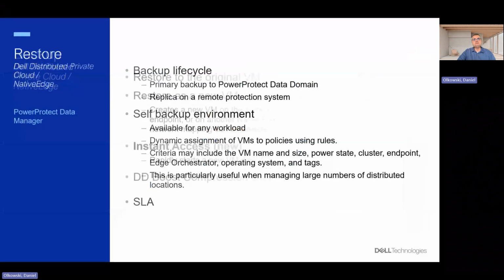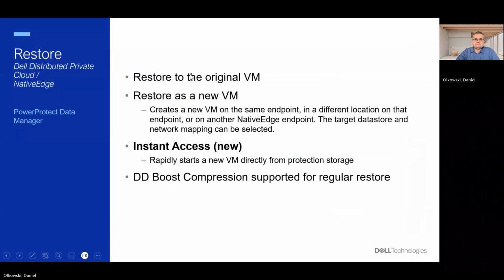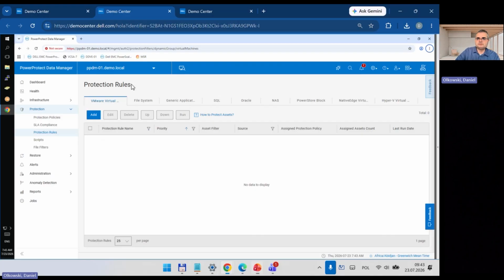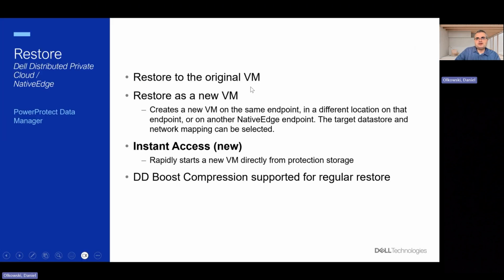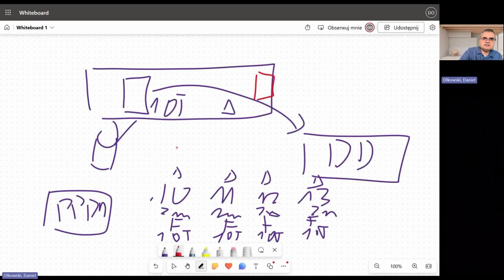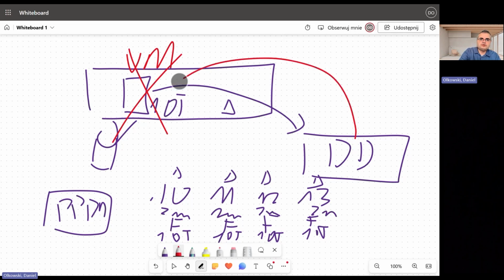And the last thing, of course, we provide the restore of virtual machines for our distributed private cloud. We provide restore to the same virtual machine or a different one, but what is incredible, we provide instant access. For example, there is a 10 terabyte virtual machine destroyed by ransomware. We don't need to restore.